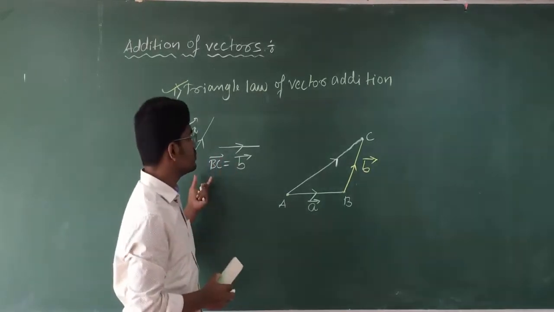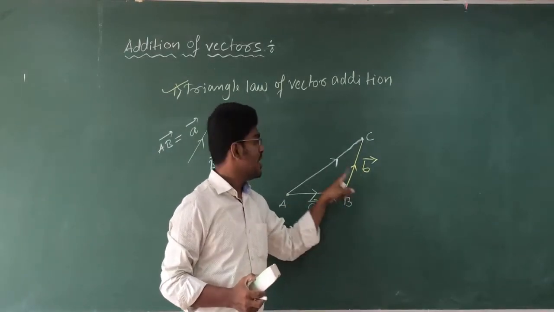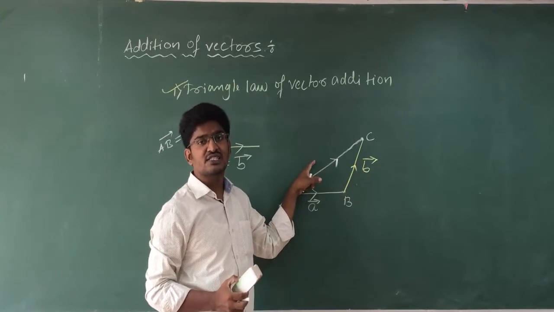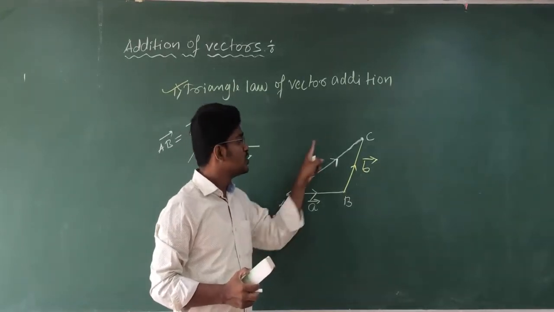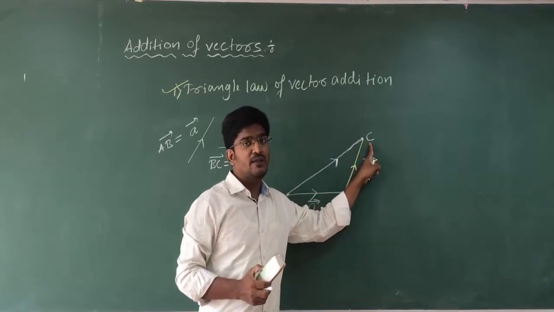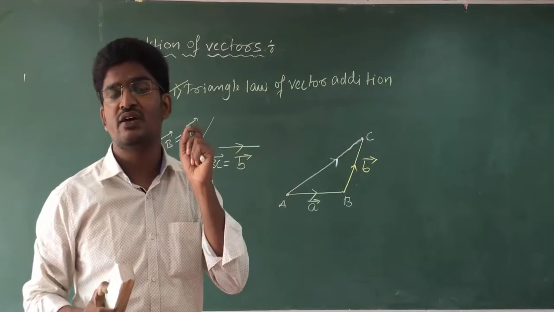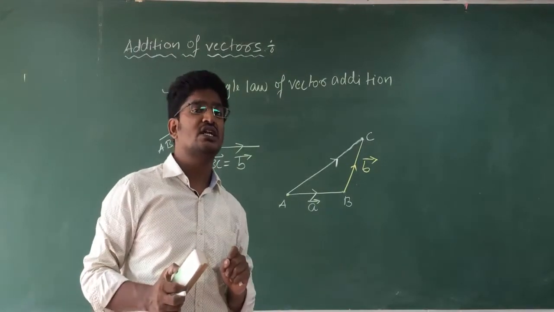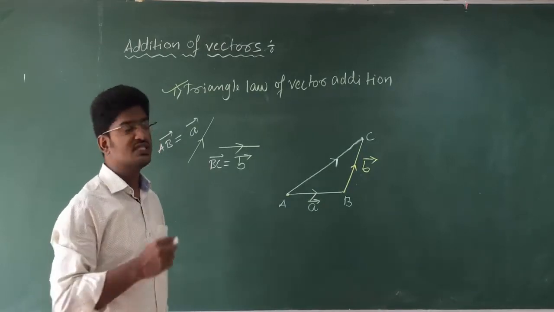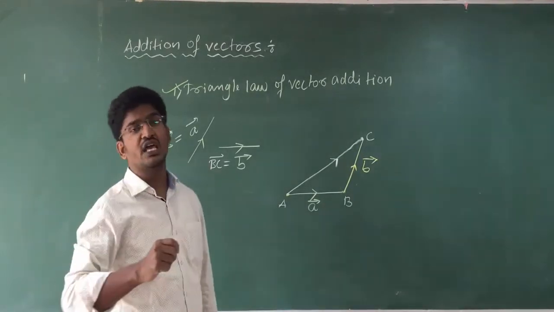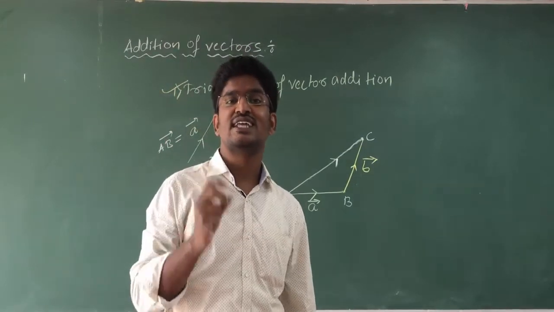I will join them like this, and the third vector, vector AC, I will join from the initial point of vector A to the terminal point of vector B. That will be the resultant vector of vector A and vector B. So this is how you study the law of addition using triangle.